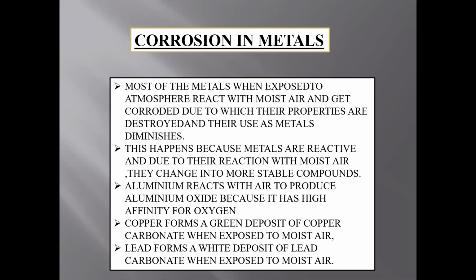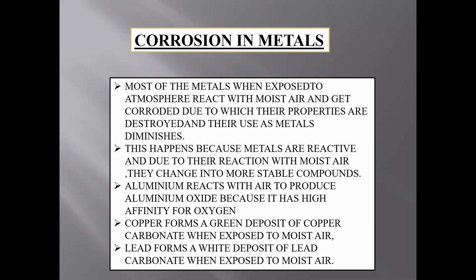Next, aluminium reacts with air to produce aluminium oxide. These are the examples, because it has high affinity for oxygen. Next, copper forms a green deposit of copper carbonate when exposed to moisture. Again, lead forms a white deposit of lead carbonate when exposed to moist air.